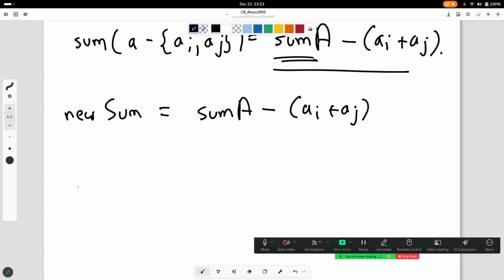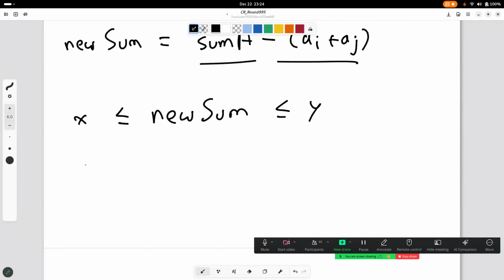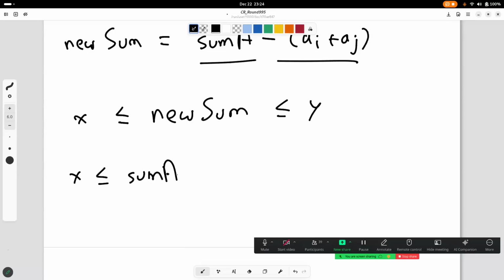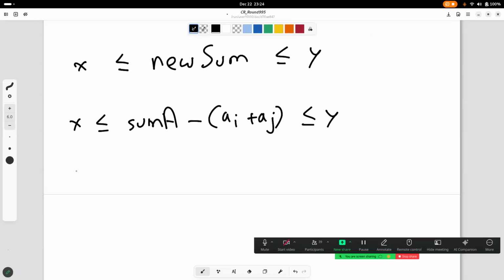And what our problem says is that this new sum must be between x and y. Okay, now this is slightly complicated, so let's try to simplify this in terms of a of i plus a of j. So our new sum is equal to the old sum, the sum of array a initially, minus a of i plus a of j, right? And this should lie between x and y. What we can do is subtract this sum of a on all sides.